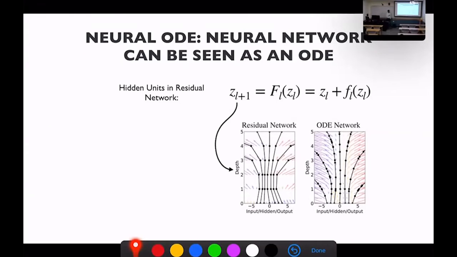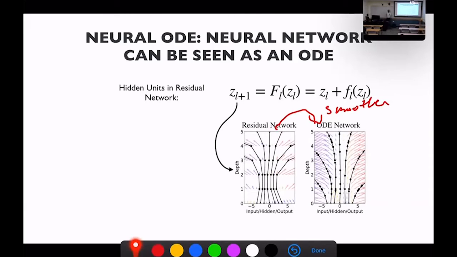I use them all the time for my papers. What they basically said was, if you think of the residual network, which does exactly this, then an ODE network is just a smoother form of the same residual network.